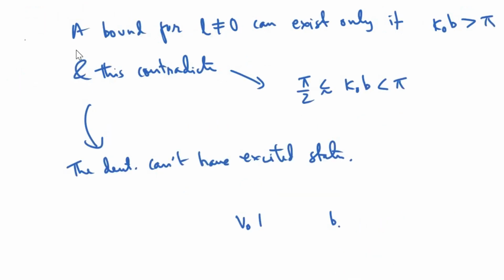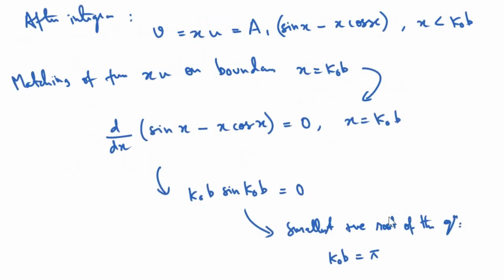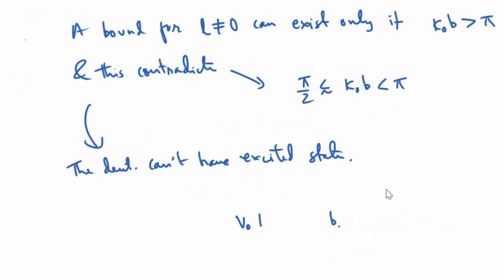Fine. So this means that a bound state for the L not equal to 0 case, this is the second case that we are doing, can exist only if k0b is greater than or equal to pi. This is the smallest one. Remember, the higher ones will have even greater values, right?